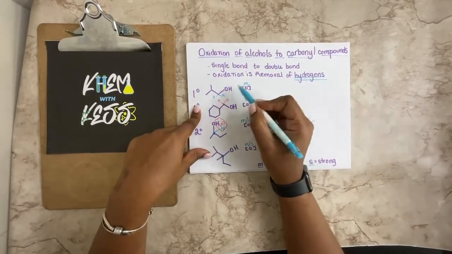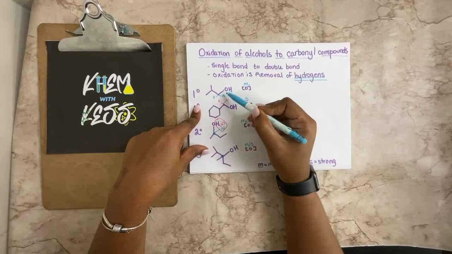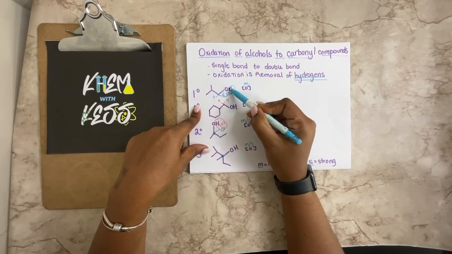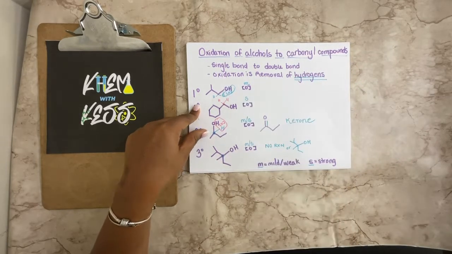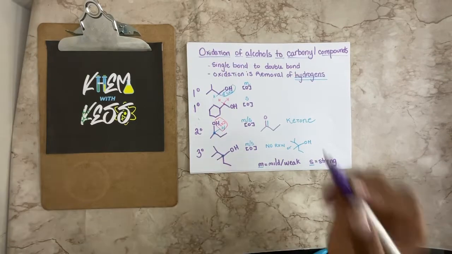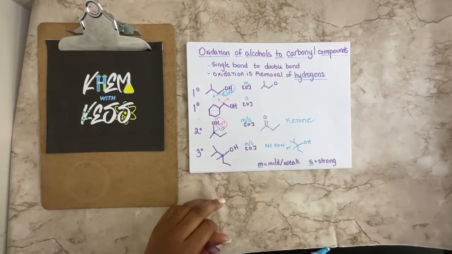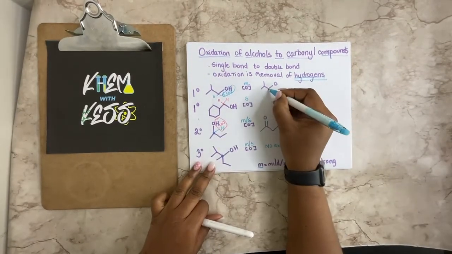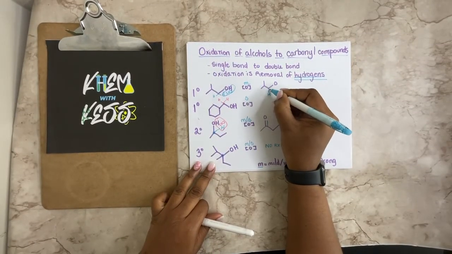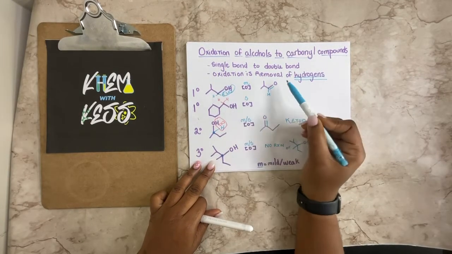So now if I do the same concept as I did for the secondary, and I remove those hydrogens and create a bond right there, my problem would now look like this. Now one of the blue hydrogens is still there because I didn't touch it, but I created a double bond between the oxygen and one of those hydrogens.